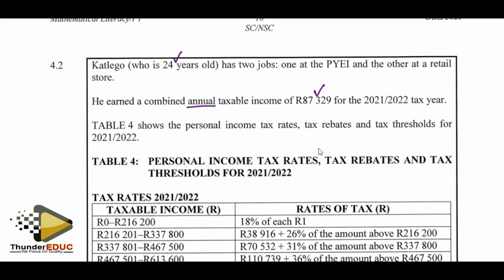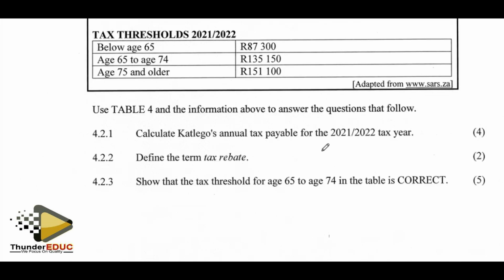So they want us to calculate how much he will pay in tax. We shall come here and calculate. First and foremost, look for the bracket. Remember, he earns 87,329 throughout the year.